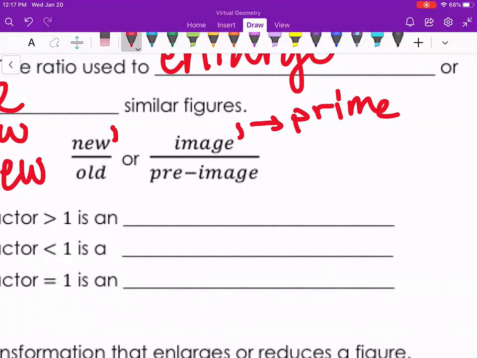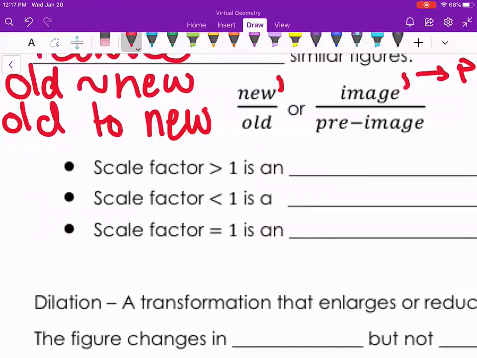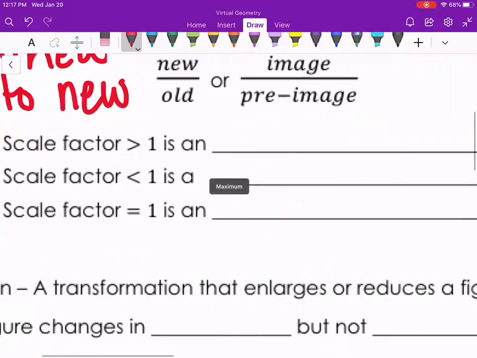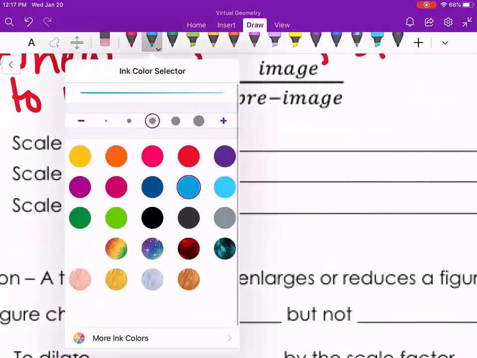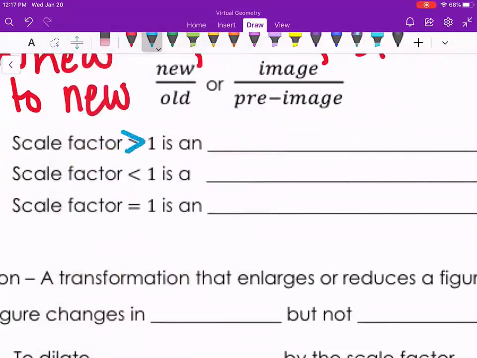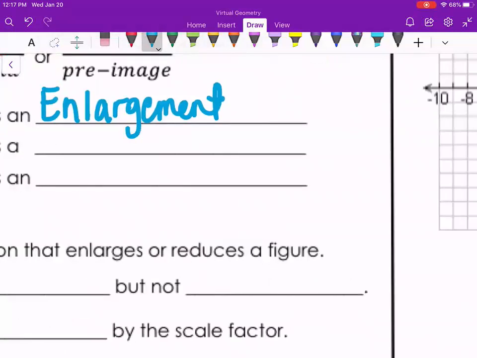But we've got a little more vocabulary to check out first. When your scale factor is greater than 1, that's what that symbol is for, it means you have an enlargement, which for your shape just means you got bigger.